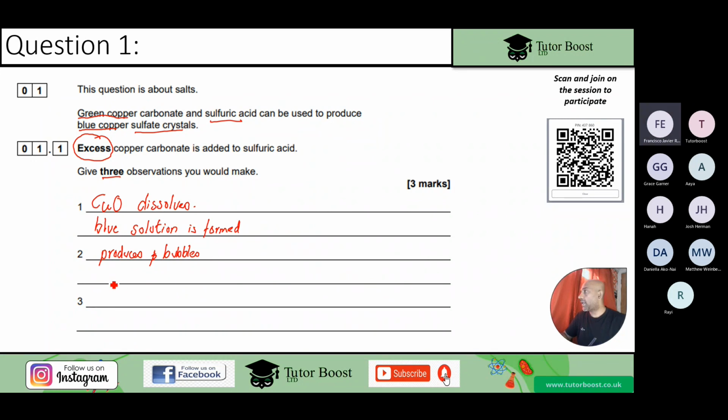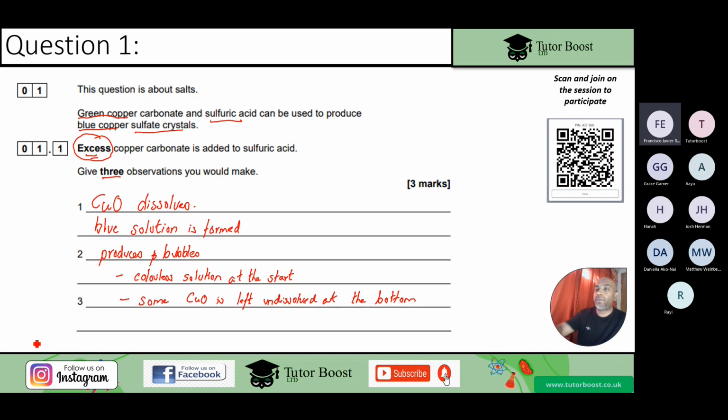You could also say the color of the sulfuric acid. So that's an observation as well. So colorless solution at the start. Since you're adding excess copper carbonate, you could say some copper carbonate is left undissolved at the bottom. Any of those will be accepted answers.